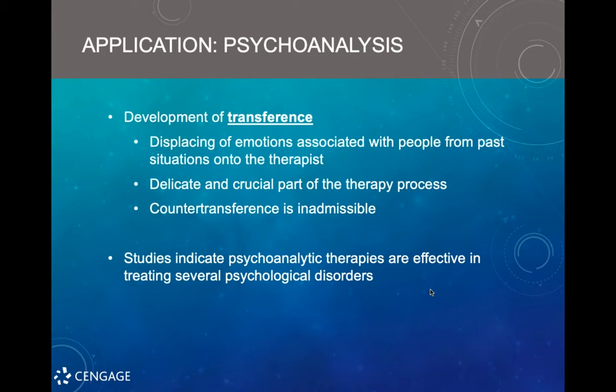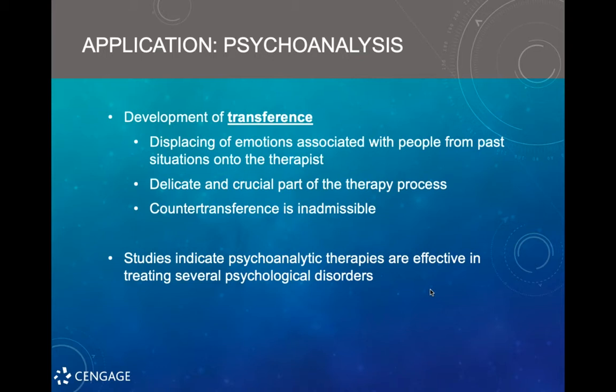Transference is also a very famous concept: displacing emotions associated with people from past situations onto the therapist. And countertransference is displacing what the therapist feels towards the client. In simple terms, transference can happen with anyone. It's basically the dynamics that you learn growing up with your parents that come through in all your dynamics.